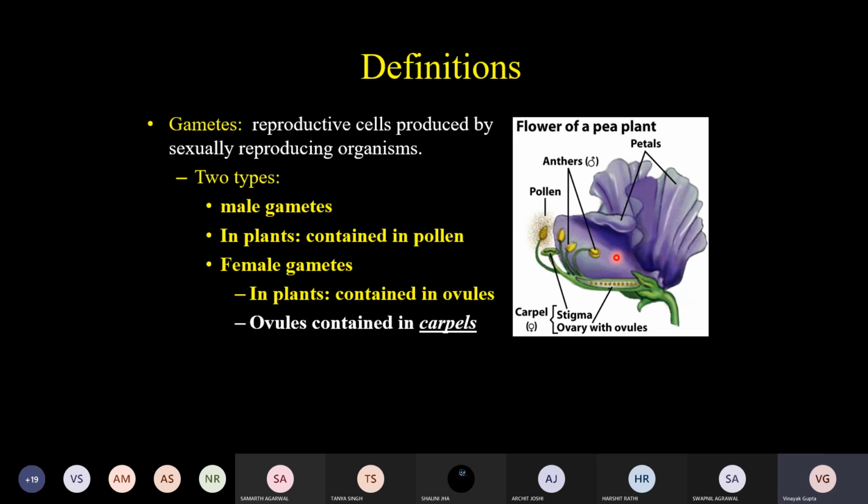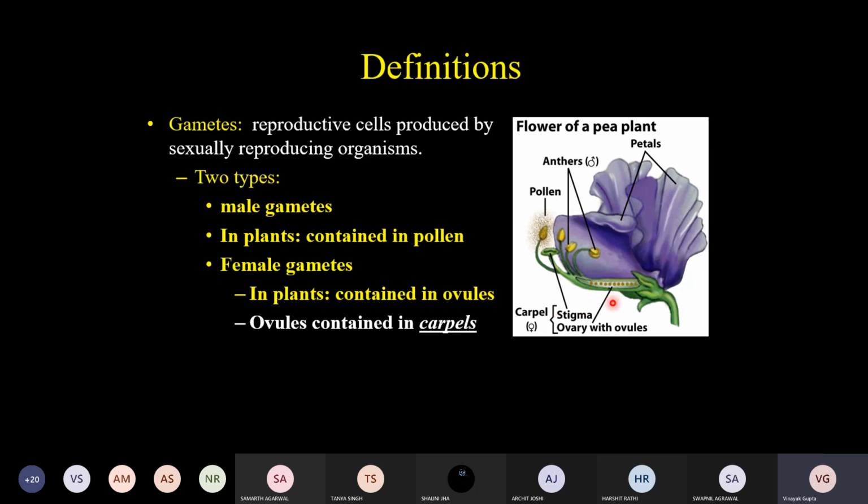Here you are seeing this particular structure in yellow color. It is called the anther. The anther consists of, you can see here, dust-like particles, those are pollen grains, and those are male gametes.